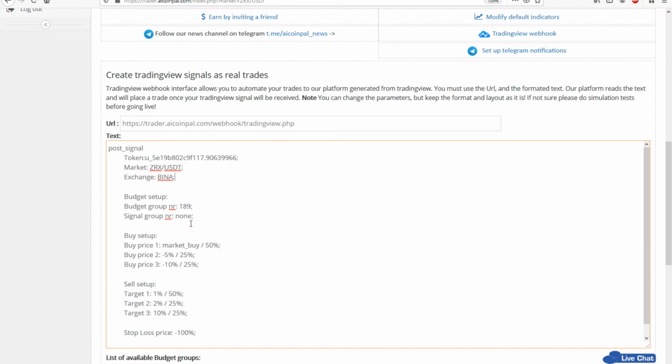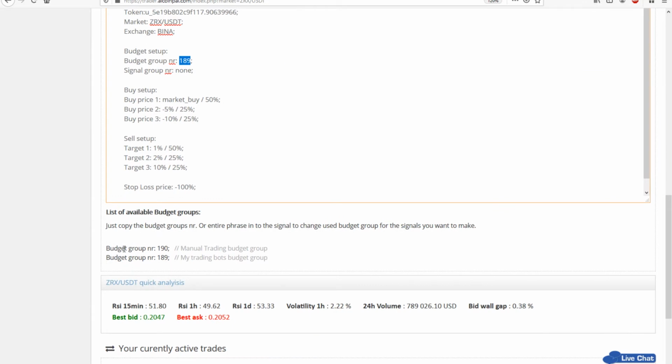Now let's go through the parameters. The token is your unique code that the system will identify you that this is your trade. The market, where to make a buy signal. Exchange, your budget group number, and if you don't know your budget group number, you can just copy one of these examples right here: manual trading bot budget group, my trading bot's budget group.